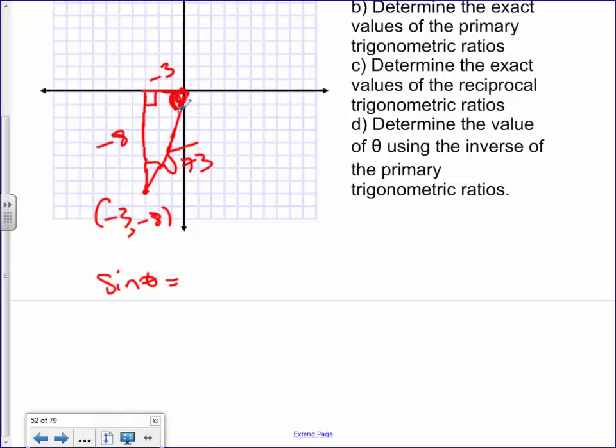This is the angle that's called a reference angle, if I wasn't clear on showing you guys that earlier. We want to find this little angle right here. So compared to that, what's opposite? -8, and it'll be over root 73. While I'm at it, I'm just going to do the other ones here. Cosecant just means take root 73 and divide by -8. That's all.